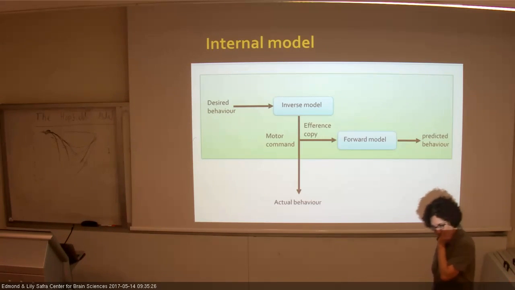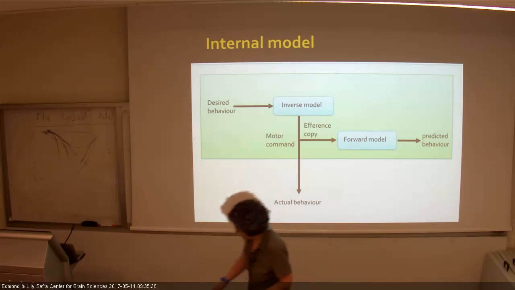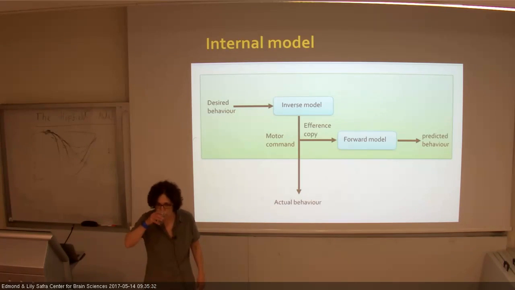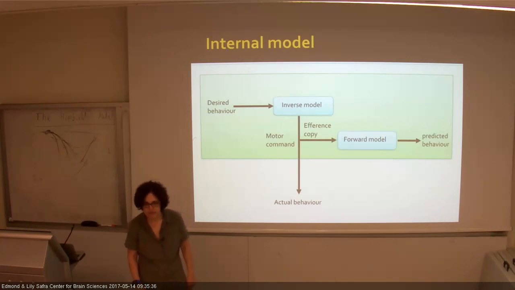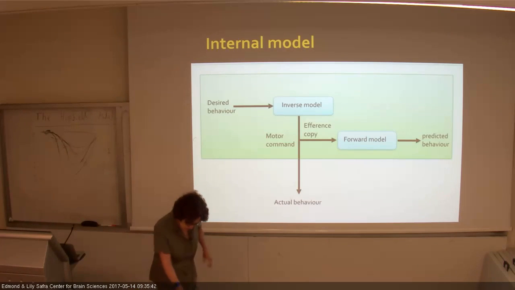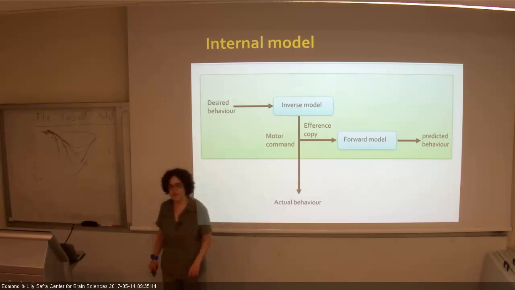Yes? If the system is the one that generated the motor command, then for the system to generate its own error signal, there would never be an error signal, because it generates a baseless prediction.